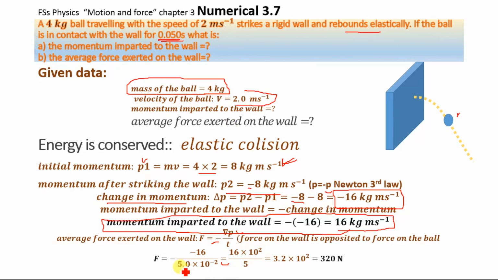So this is the value of the time. Now further solving, this minus sign will cancel with this minus sign, and we will have 16 divided by 5 times 10 power minus 2, which is equal to 3.2 times 10 power 2, and further solving we will have 320 Newton. And this 320 Newton is the average force exerted on the wall by the ball.